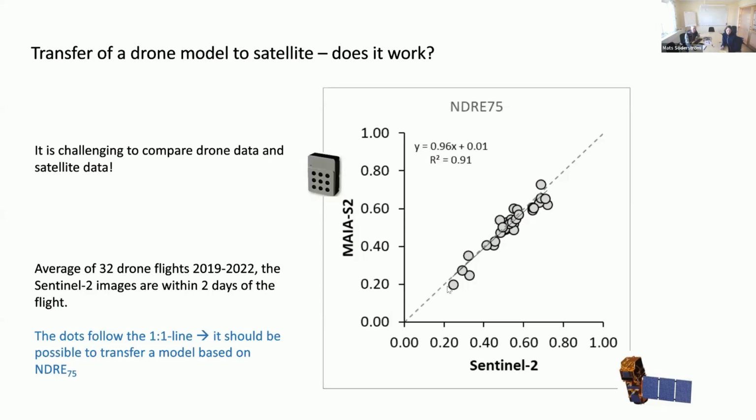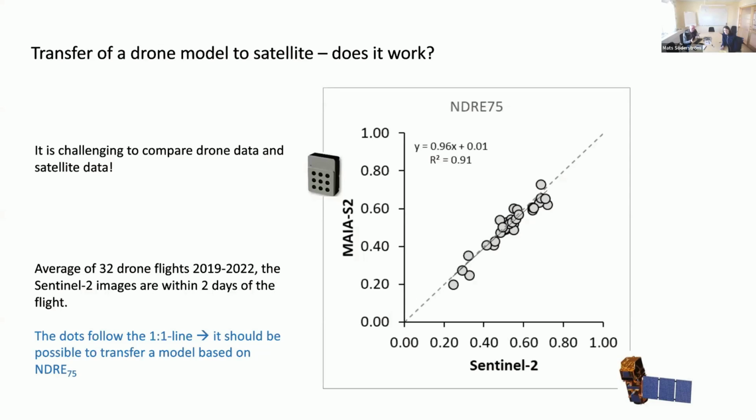But in this case, the graph you see here is the average of 32 drone flights over about 2 hectare areas. So this is the average of 2 hectare areas, and then a number of Sentinel-2 pixels are averaged in this case. We have also looked at individual pixels and everything, and it creates a lot of noise.